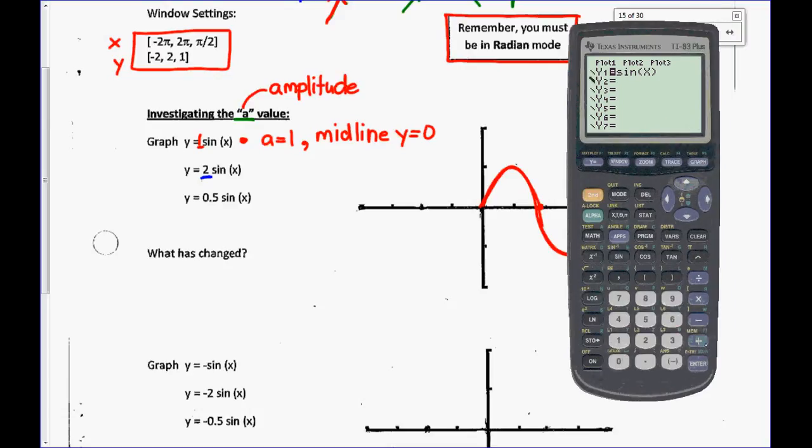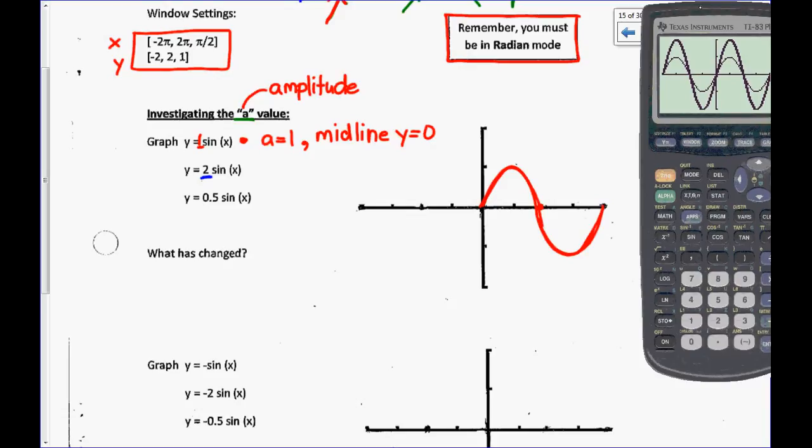We'll be able to see a difference between our two. So if you toggle over to where the line is flashing and you hit enter, you'll get a thick line. Then go over and enter 2 sine x and ask it to graph that. Then you'll see the second graph, and what do you notice is different about this graph?